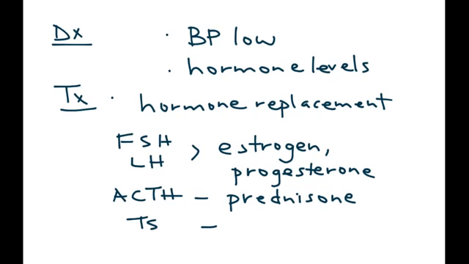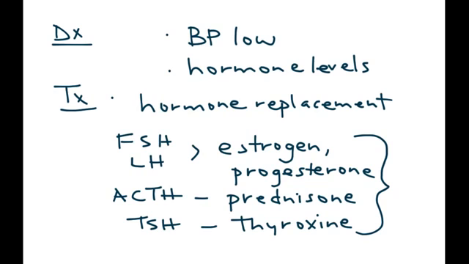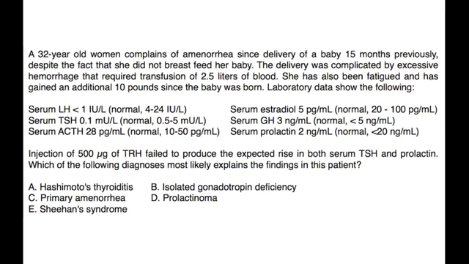And thyroxine is used to deal with the low TSH. And these are the main hormones that are used to treat Sheehan syndrome. So let's take a look at a few clinical vignettes.